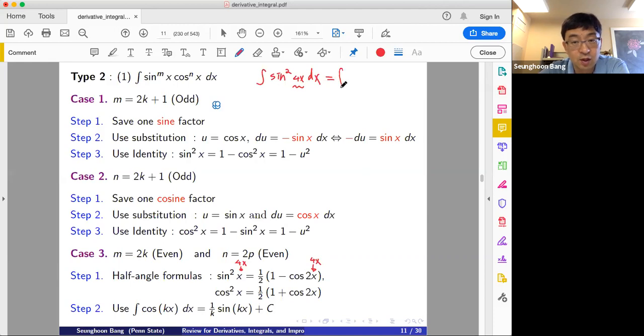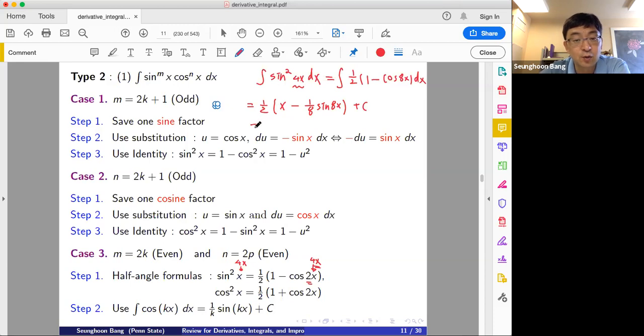What happens? We have 1 over 2 times 1 minus cosine of 2 times 4x, which is 8x. So you keep 1 over 2, and find the antiderivative. The 1 is just x, minus the cosine 8x becomes 1 over 8 sine 8x, plus c.